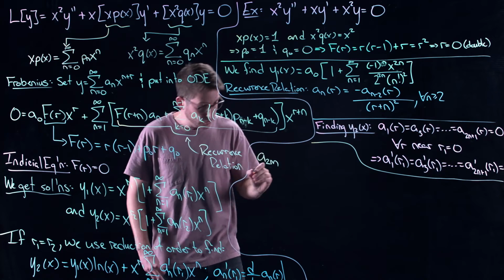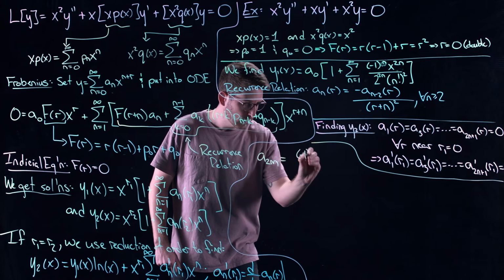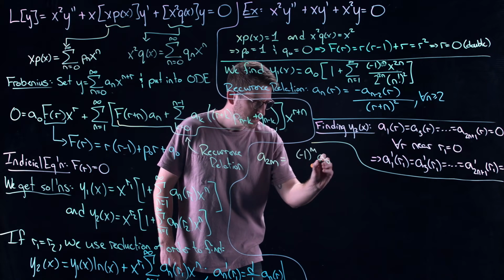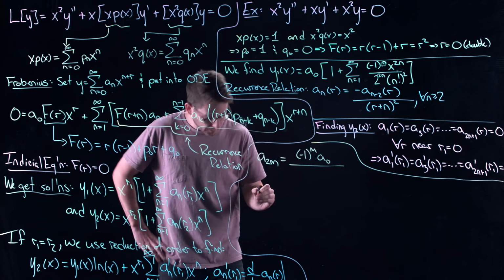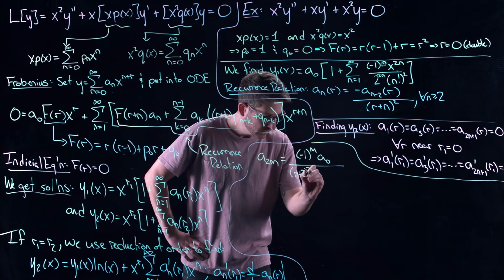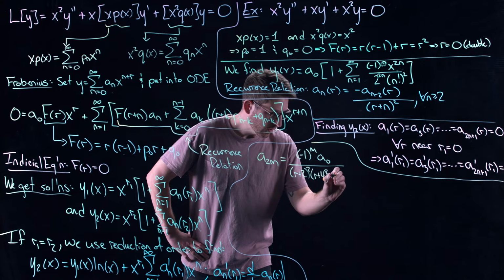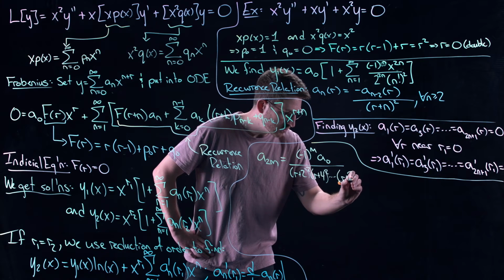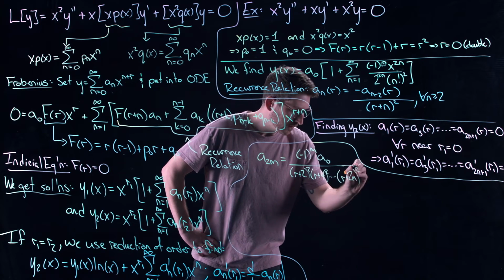This is equal to minus 1 to the m, a0, divided by (r plus 2) squared times (r plus 4) squared, all the way up to (r plus 2m) squared.